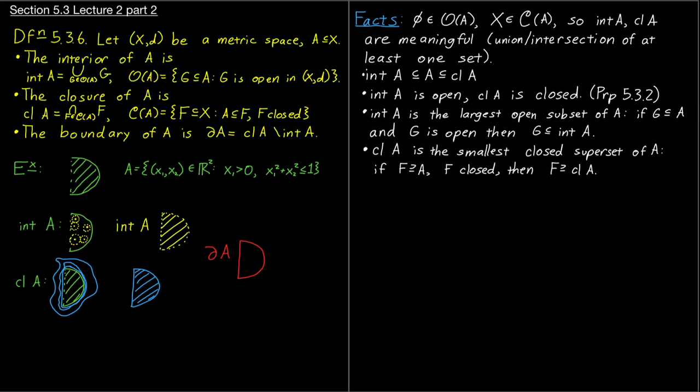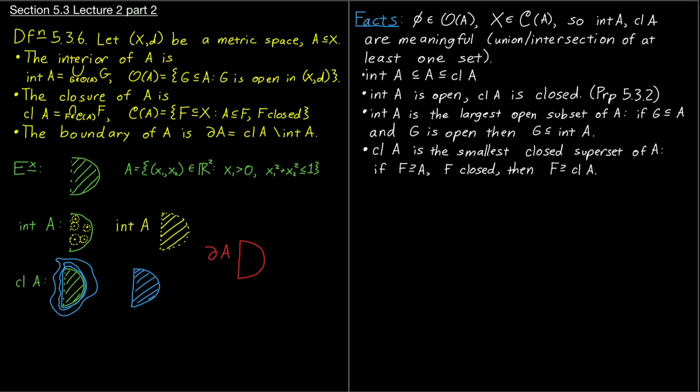And these two facts are just following from the definition. If G is an open subset of A, it's one of the things we took the union of to get the interior, so it must be a subset of the interior. If F is a closed superset, it must be one of the things we took the intersection of to get the closure, so certainly it must contain the closure.